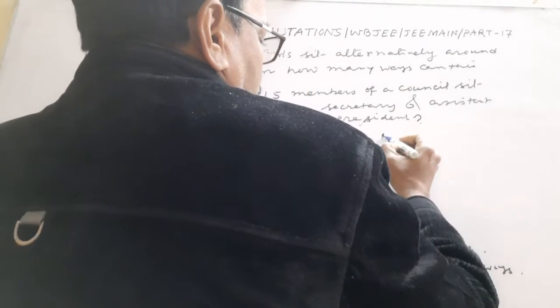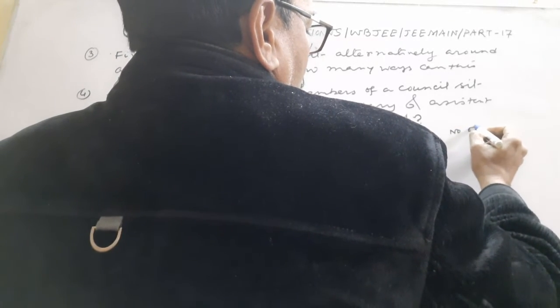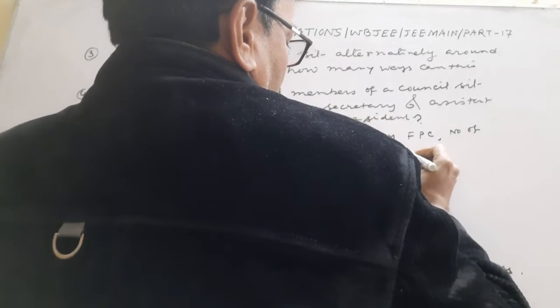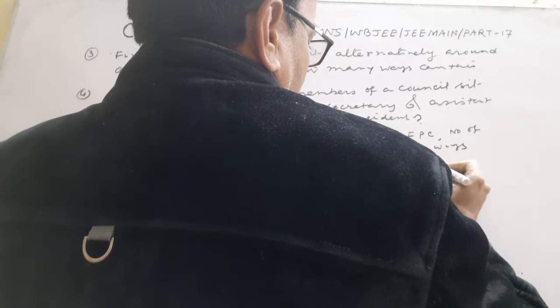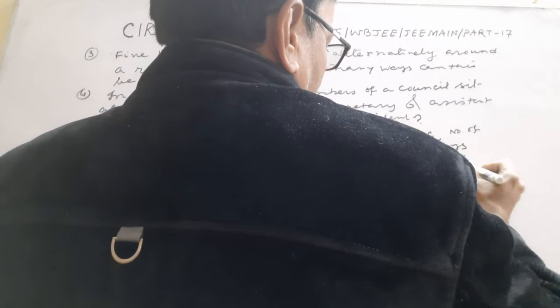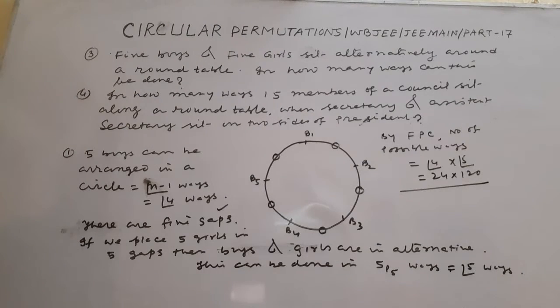So by APC, number of possible ways equals factorial 4 into factorial 5. So 24 into 120.